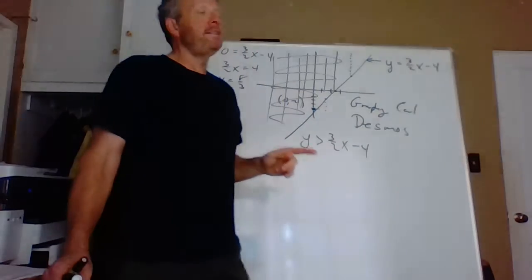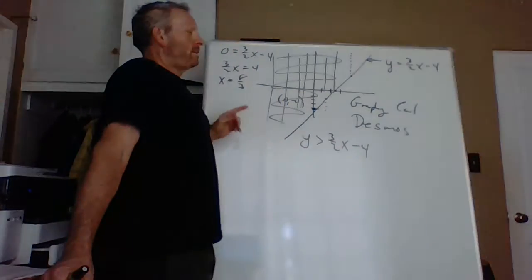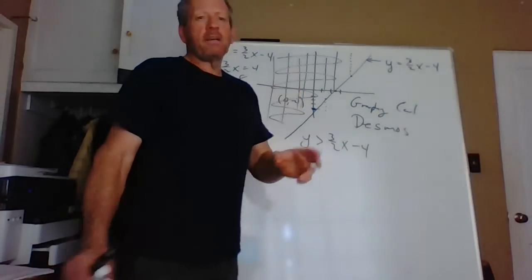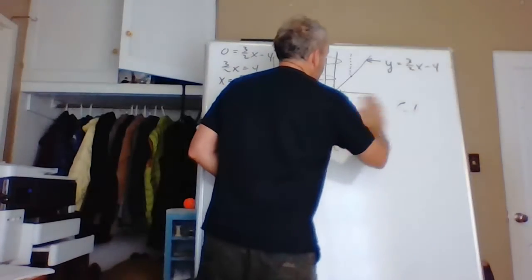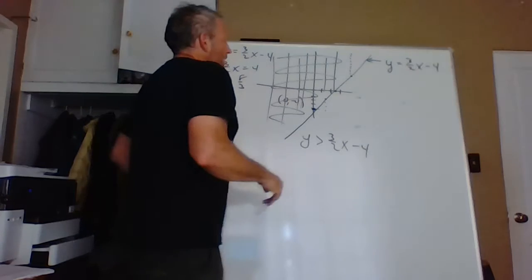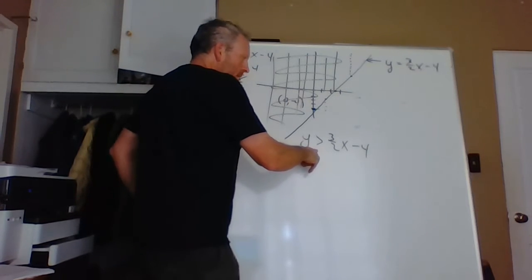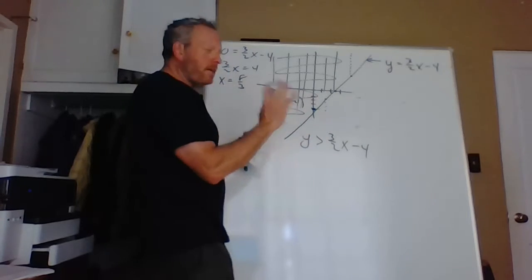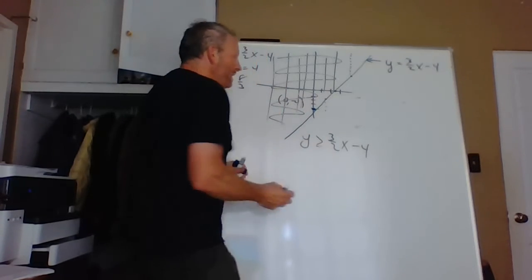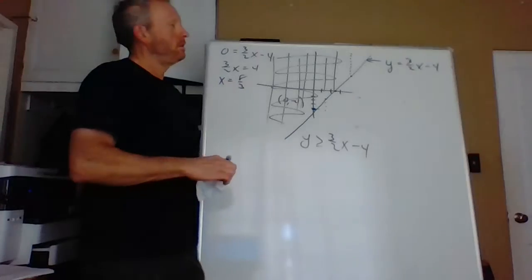Now, there's a slight detail that you may not be able to detect on Desmos or other graphing software, and that's the following. This is y is greater than 3 halves x minus 4. What I actually have graphed here is y is greater than or equal to 3 halves x minus 4.